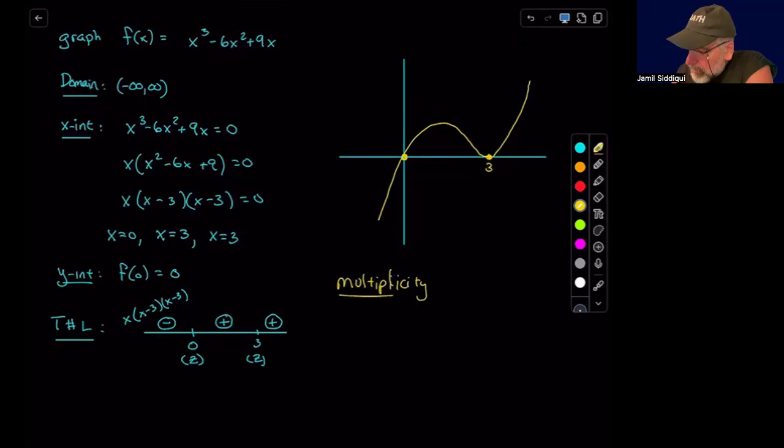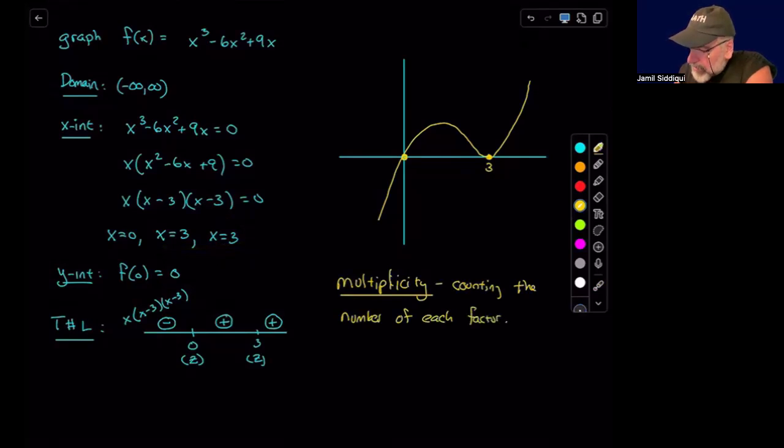Multiplicity. Okay. And the multiplicity of a solution, we would say that this 3 has a multiplicity of 2 because it's the number of times we get that solution. So with multiplicity, what we're doing is counting the number of each factor.